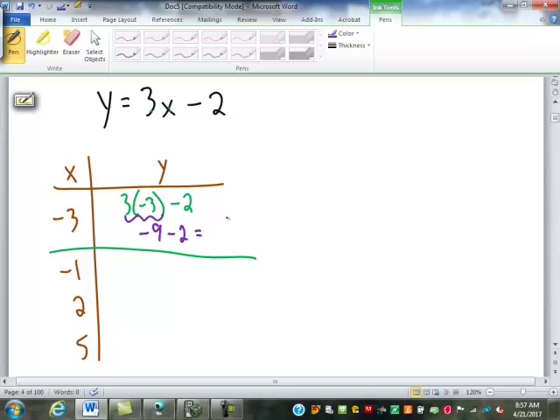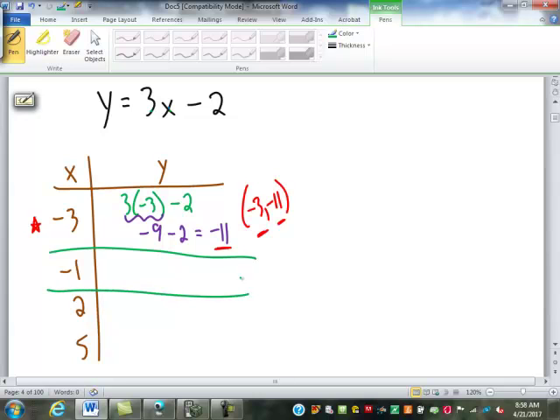What's -9 minus 2? -11. So that gives us the ordered pair -3, -11. X is -3, y is -11. So you can see here, I was able to pick whatever value I wanted to for x. Once I had x, then we found the value of y. The value of y depended on the value of x.